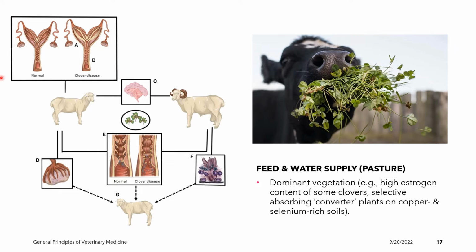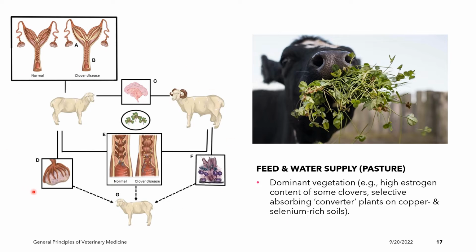So the figure shows a summary of the known and postulated sites of action of compounds from plants that are said to be estrogenic. These plants have a high content of estrogen, or what we call phytoestrogens. So what is the significance of this?